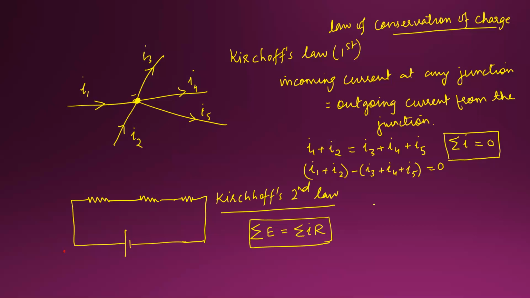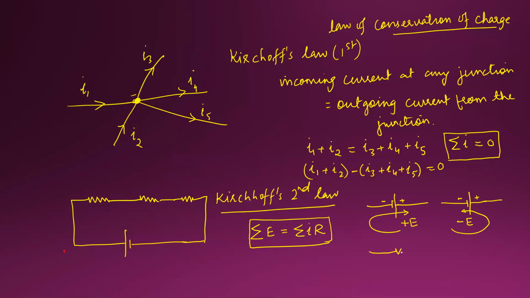And what are those conventions? If there is any battery and the loop which we had taken is in this direction, that is, according to our loop, the direction of current flow is from negative to positive, that means the EMF will be taken as positive. Whereas if there is a battery and the direction of loop is from positive to negative, then the EMF will be considered as negative.